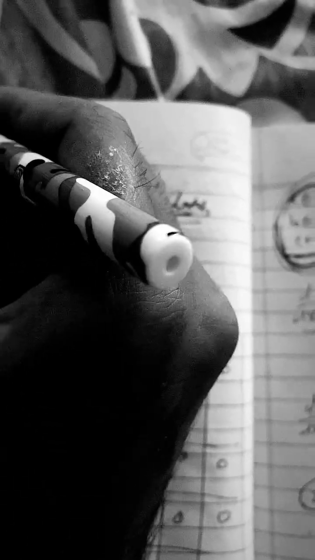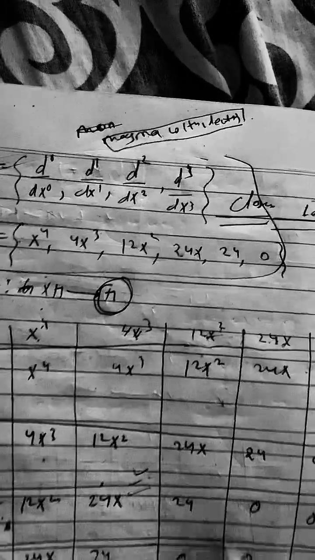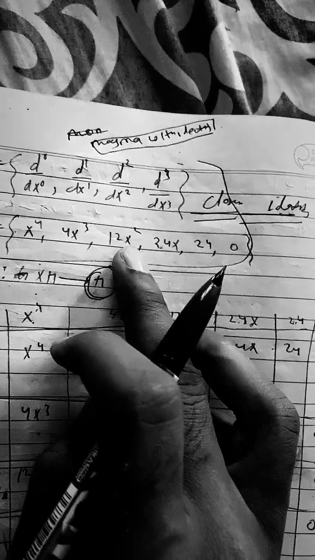So what kind of structure is this? This kind of structure we call a magma, because it satisfies closure and there is identity. So we say magma with identity. That's all. So this structure is a magma with identity.